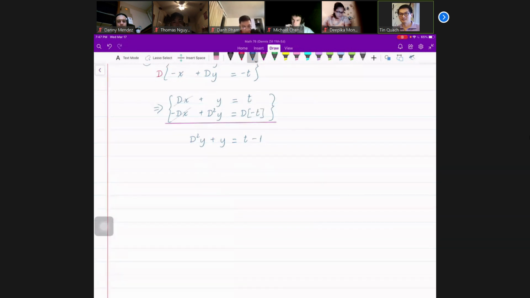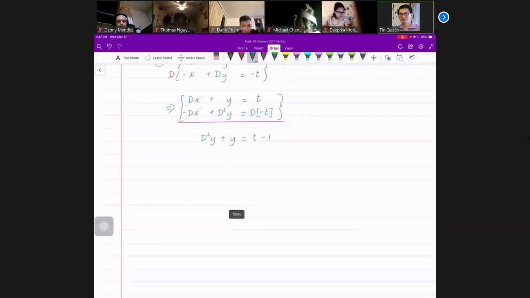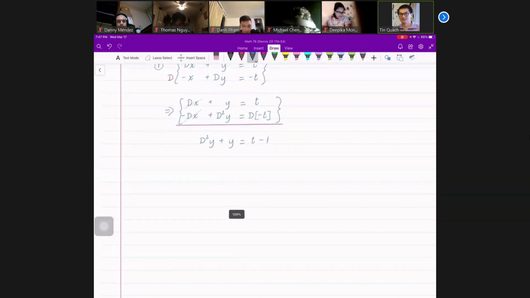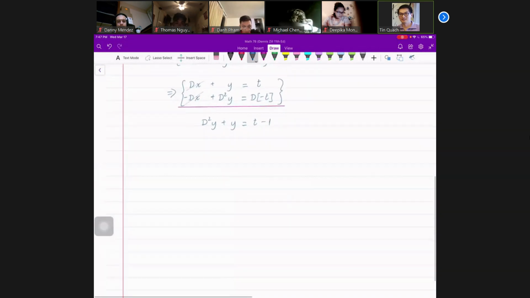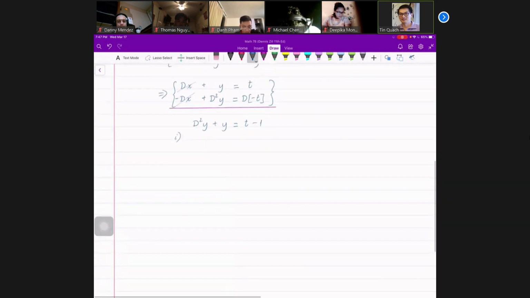So the first step is to find out what y sub c is. I could have just stopped right here, but let me try to do as much as I can. To find y sub c, you have D squared y plus y equals 0.